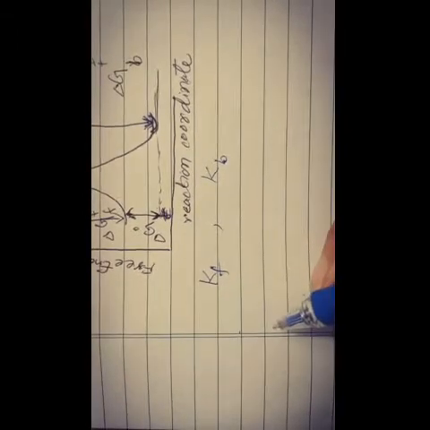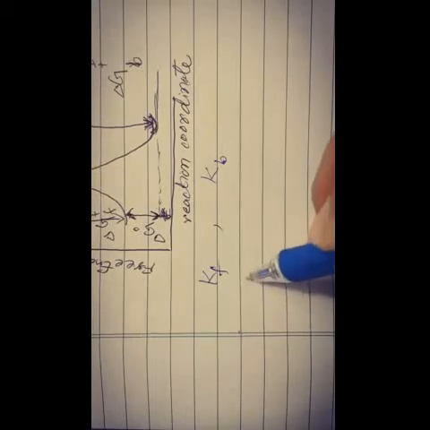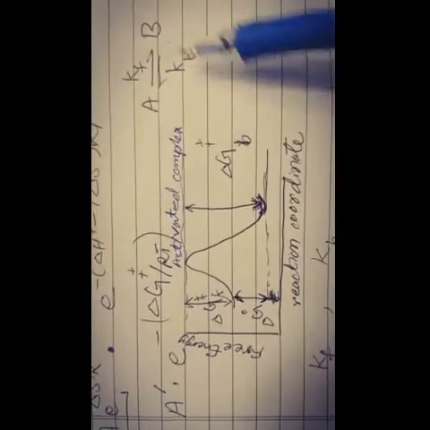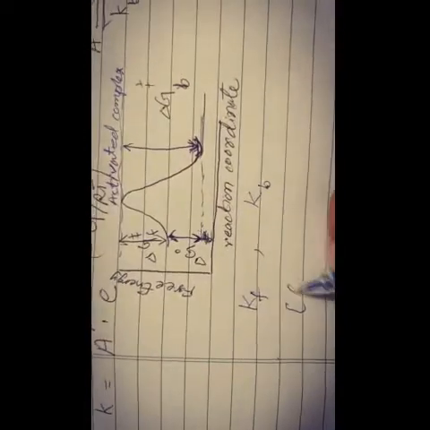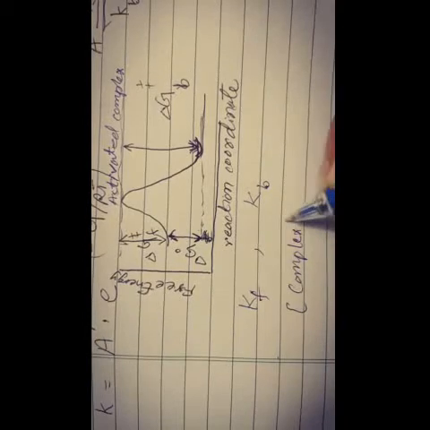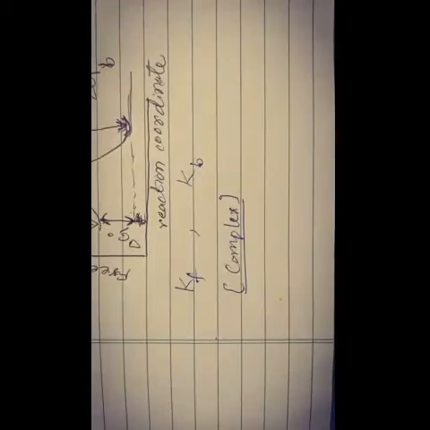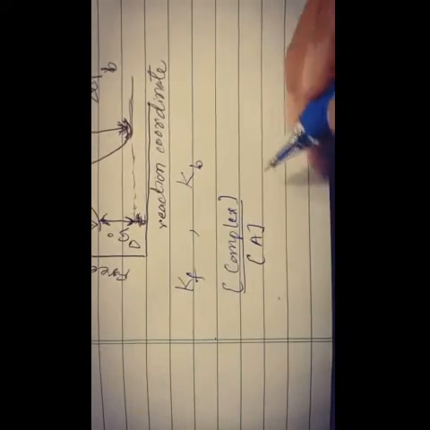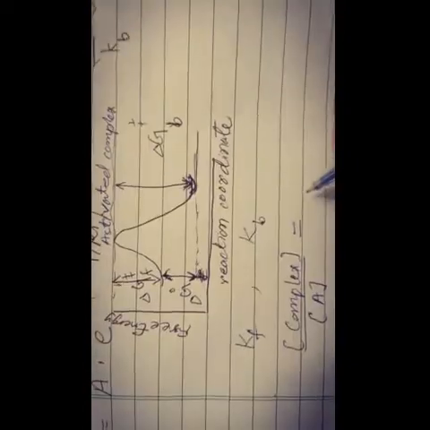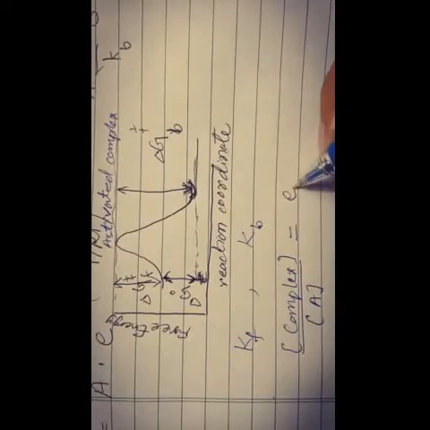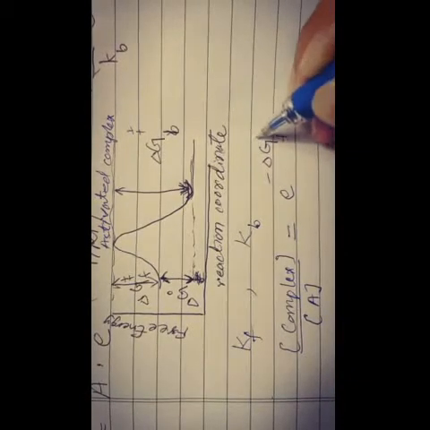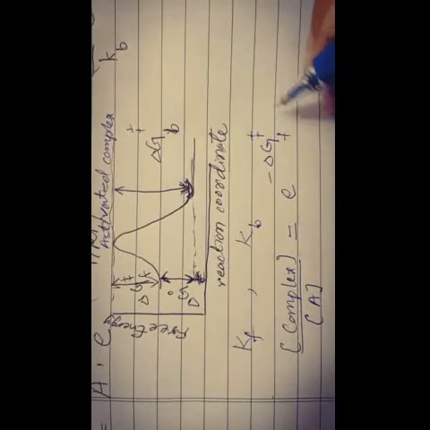So using equation number 1, we can write the expression for the unimolecular reaction given here. The concentration of activated complex, that is the state of maximum energy, with respect to the concentration of species A is equivalent to the exponential term that is derived from the Arrhenius equation, that is written as equation number 1, this one.